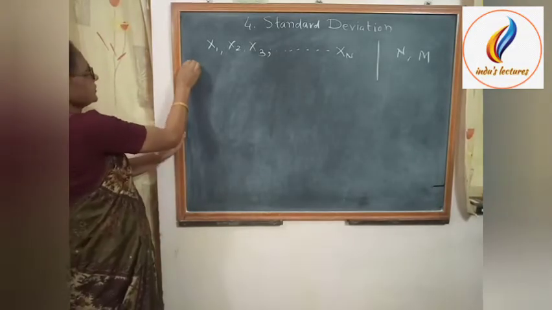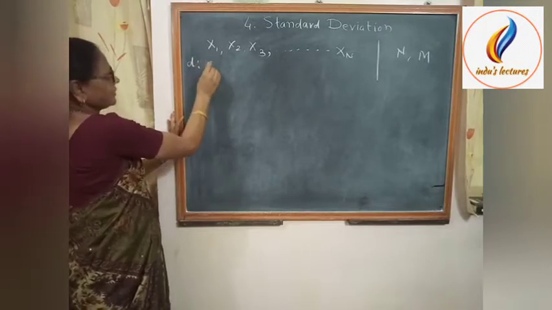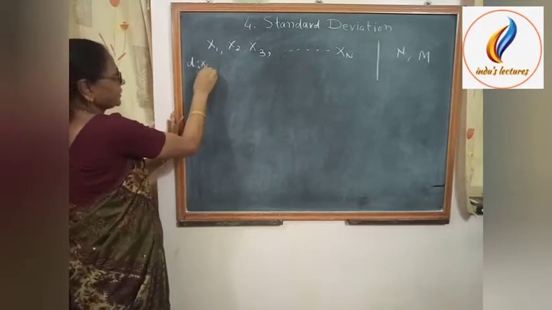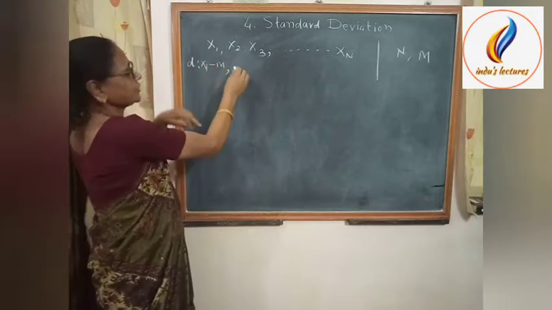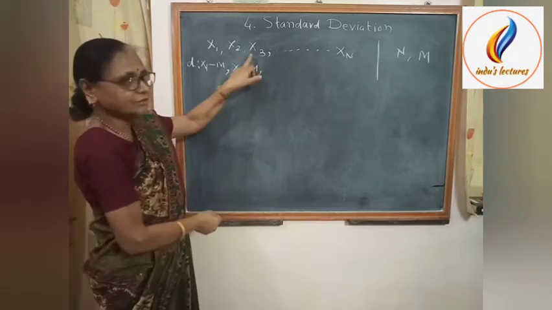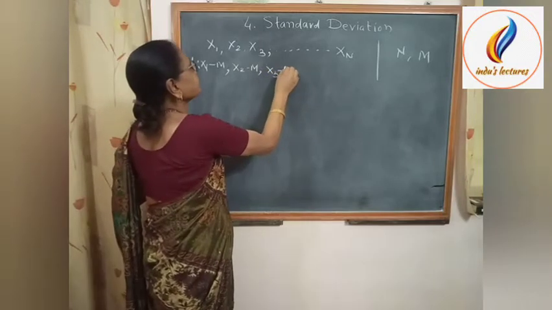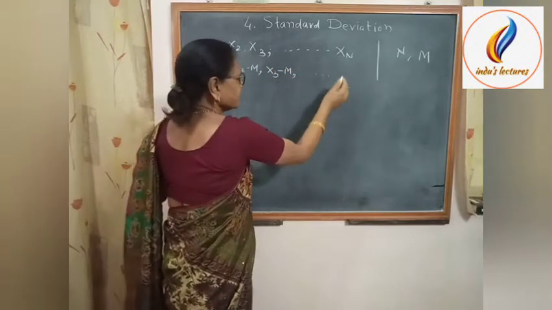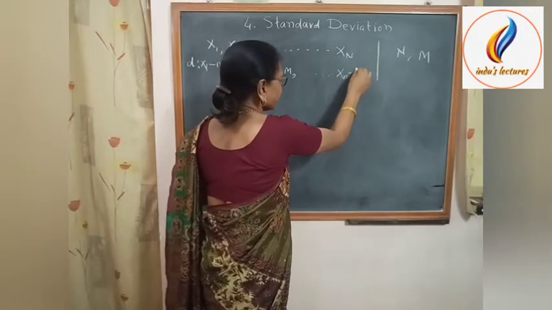We denote the deviation as d. The deviation of x1 is x1 minus m, of x2 is x2 minus m, of x3 is x3 minus m, and like this, the last deviation is xn minus m.